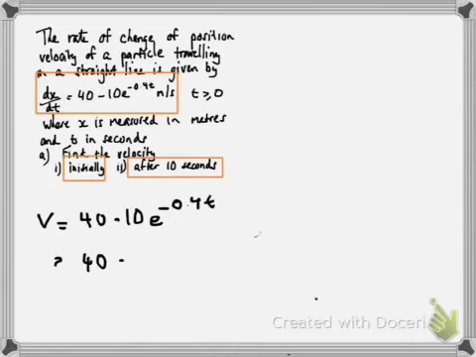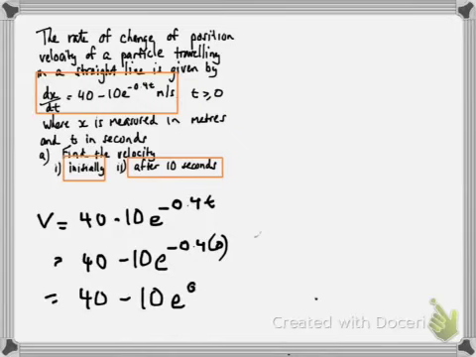Remember, when we're talking about initial velocity, we make t equals 0. So negative 0.4 times 0 equals 40 minus 10 e to the 0 equals 40 minus 10, which is 30. So there we go, we've got our initial velocity, and we must remember our units. It's 30 metres per second.